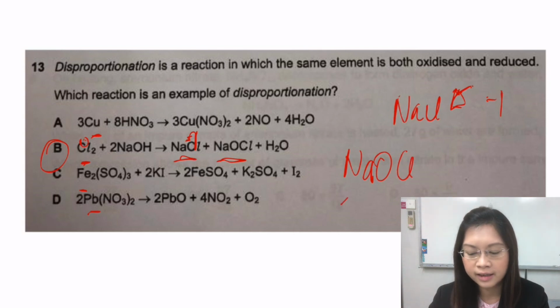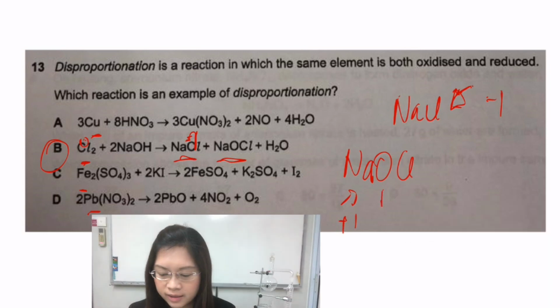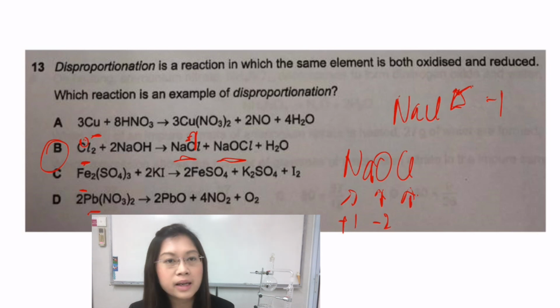Since sodium is a group 1 metal, it has a charge of +1, and oxygen is a group 6 element, which has a charge of -2, this means that the chlorine will have a charge of +1 in this compound.